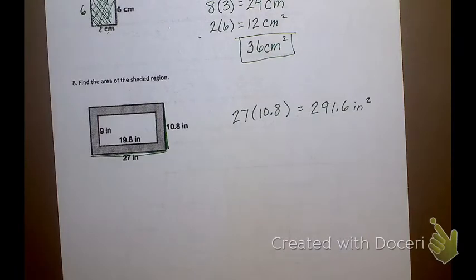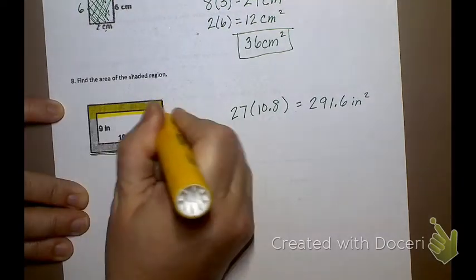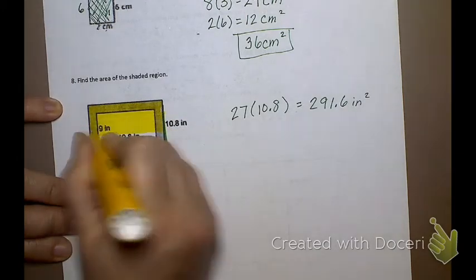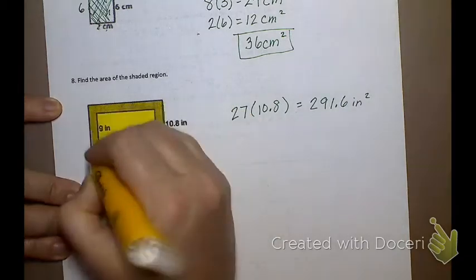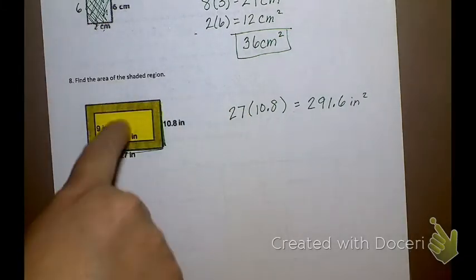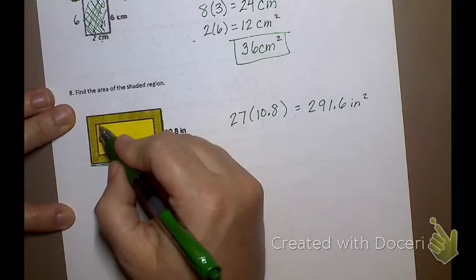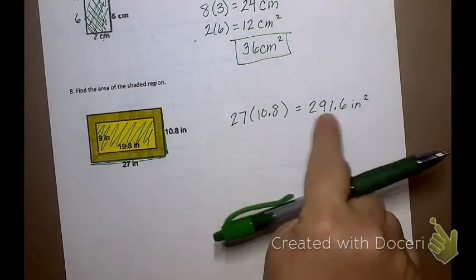Now, the problem with that is I didn't find the shaded region. I found the whole thing. So that 291 is representing that entire thing. How do I get rid of that part? Let's find the area of this part, and then we can subtract it from that.